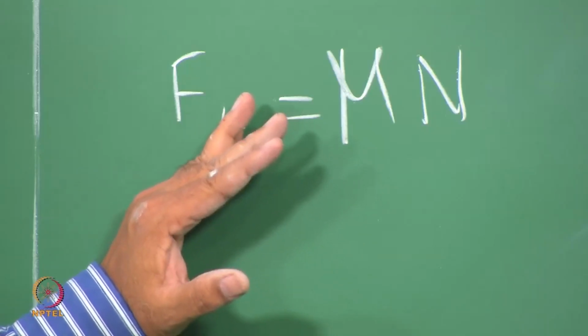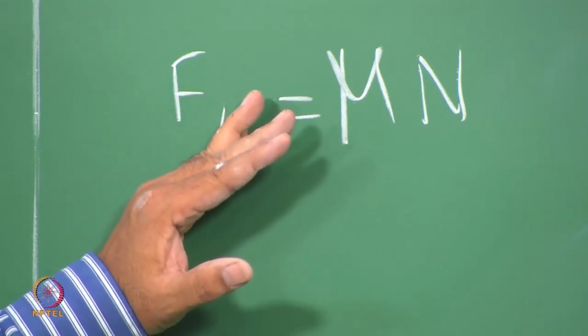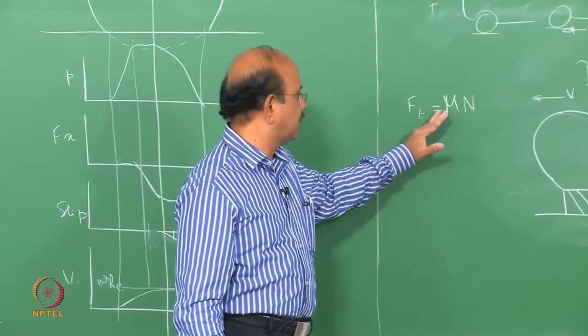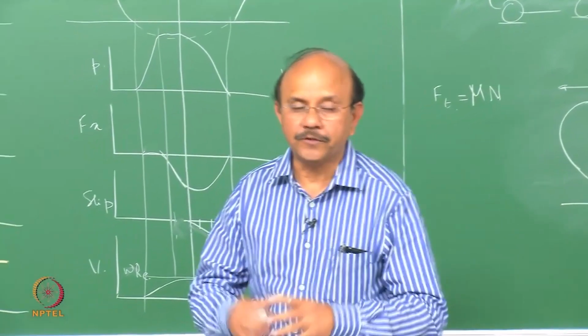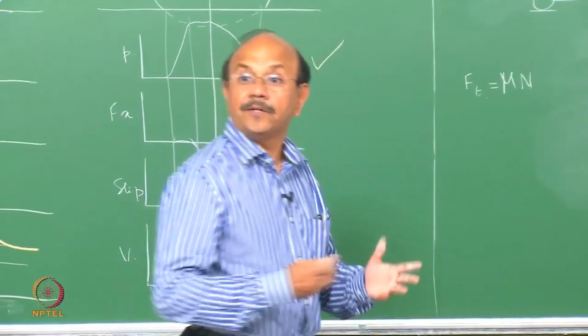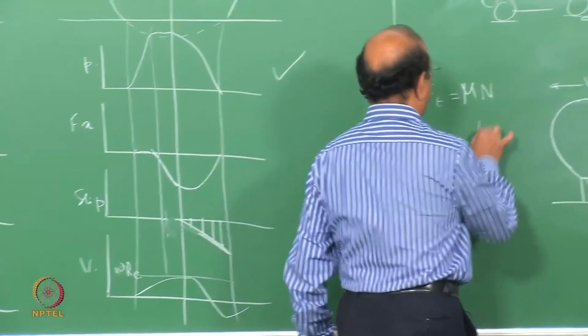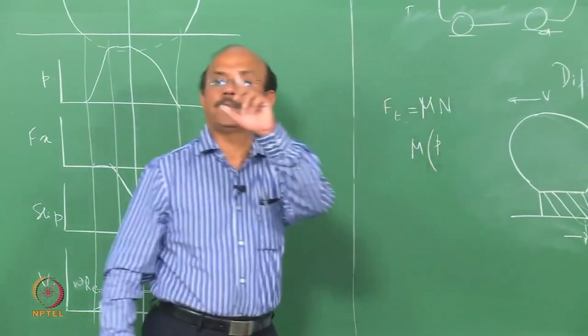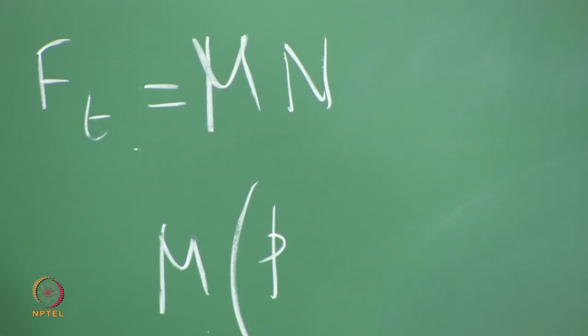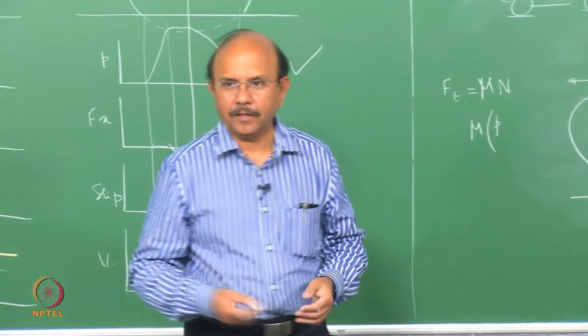If you ask any researcher who works on elastomer friction, he would say this is nonsense. Okay? Because the friction coefficient depends upon, interestingly, the contact pressure P. It is a function of contact pressure P. It's a function of that slip velocity V, okay?